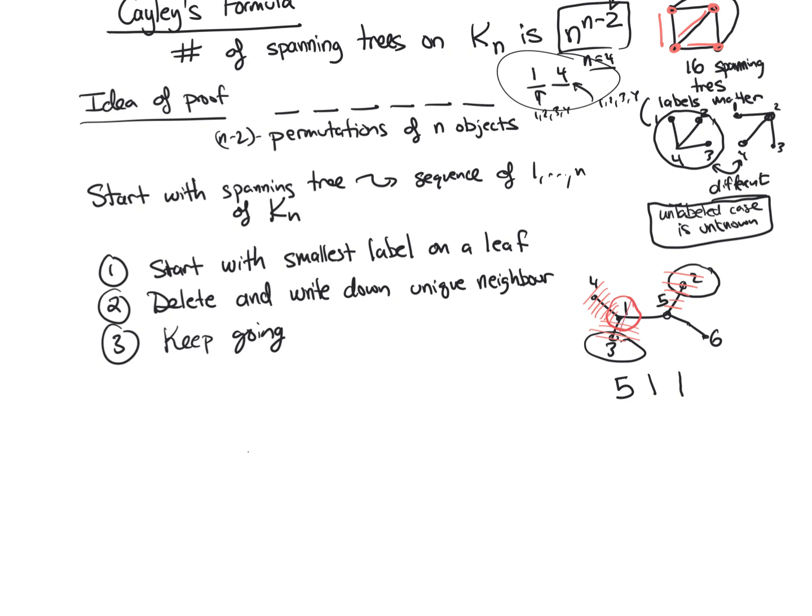So 1 is now the smallest leaf label, and its unique neighbor is 5. Do it one more time. Now we're just left with the graph on 5 and 6. This one gets deleted, and we end up with a 6 at the end.